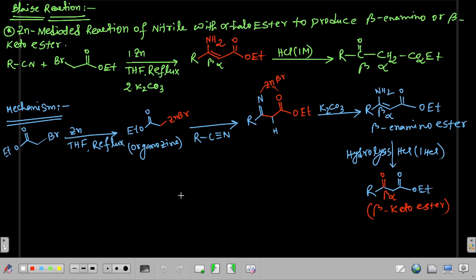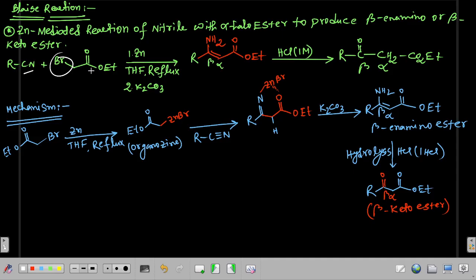Next reaction is Blaise reaction. This is a zinc mediated reaction of nitrile with alpha haloester to produce beta enamino or beta ketoester. This is nitrile, and this is alpha halo, alpha bromo ester, which is same as alpha halo.